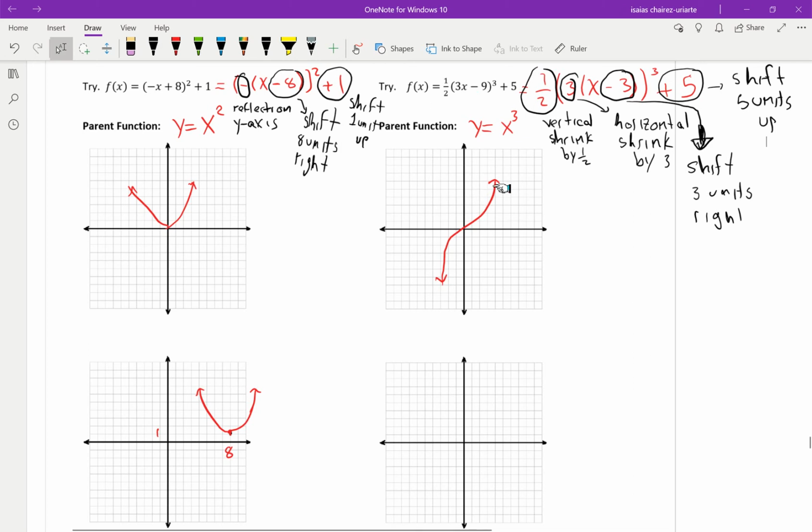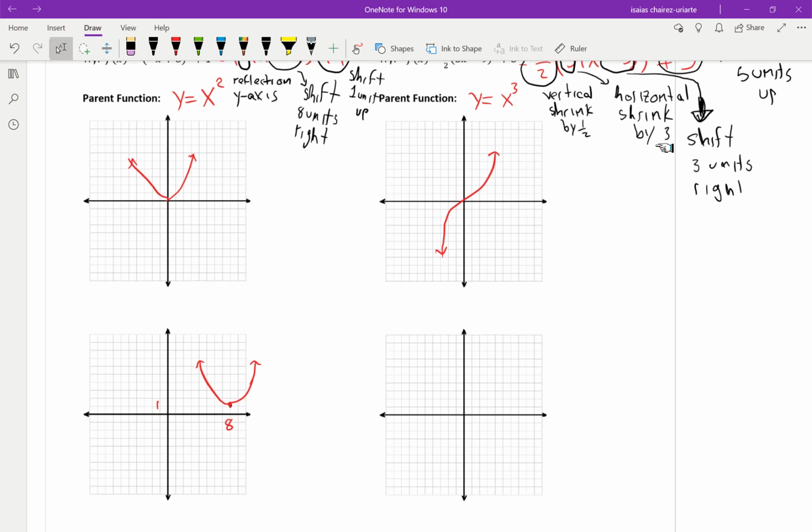Originally I had x cubed, which looks like this. The vertical shrink is going to make it a little more squat, but then the horizontal shrink is definitely going to make it thin. It's going to be difficult to see.